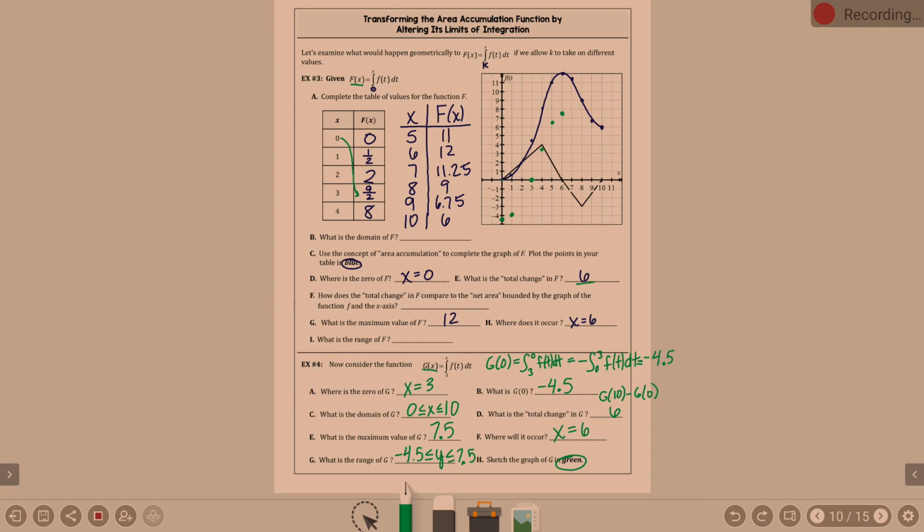At 7, it was at 11.25. So it should just be 6.75. At 9, it is at 4.5.